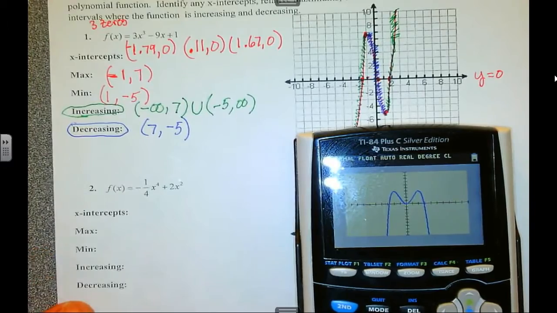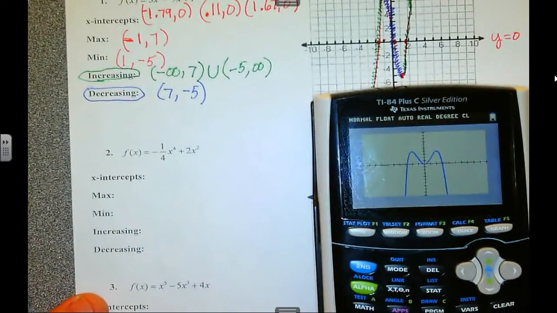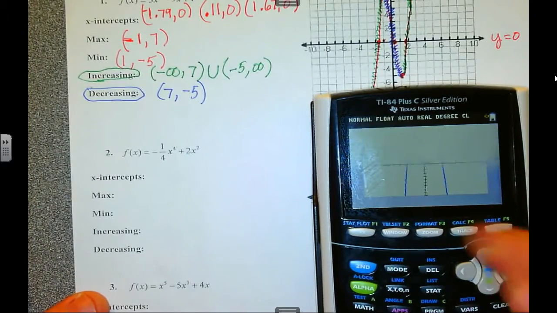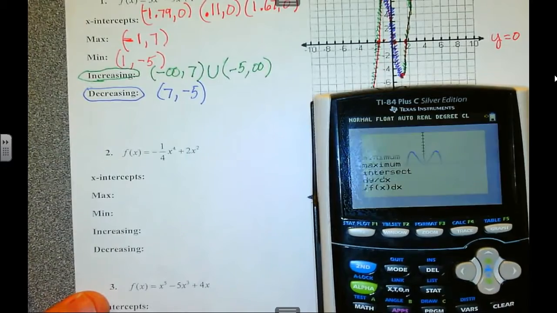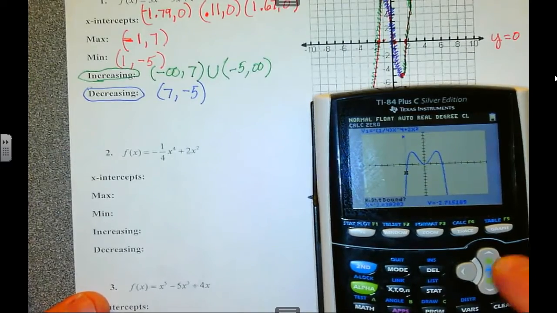Okay, let's grab our x-intercepts. Second trace. It's our zeros. Enter. Enter. Enter.